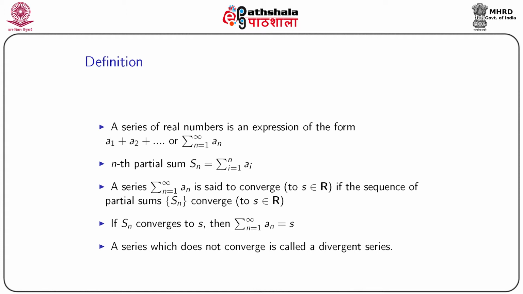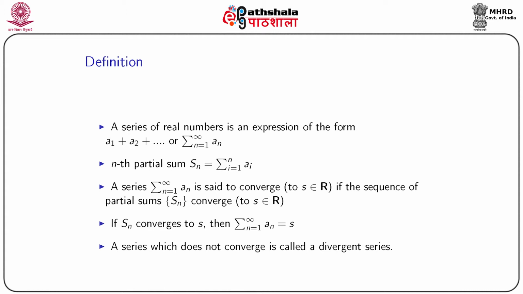For this series, we define the nth partial sum as Sn, the sum over i from 1 to n of ai. So we are adding the first n elements: a1 plus a2 plus a3 up to an. If n equals 2, that means a1 plus a2. If n equals 3, it's a1 plus a2 plus a3.